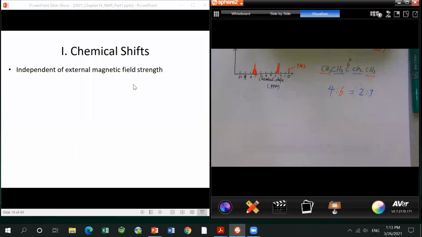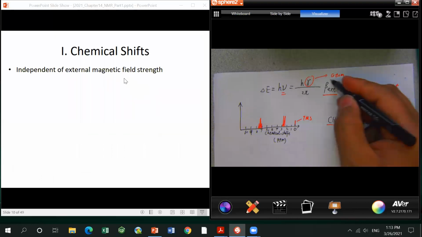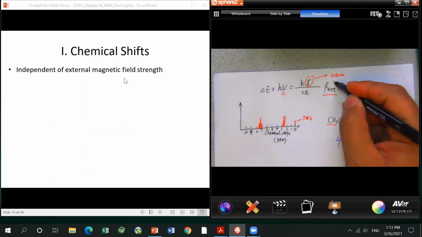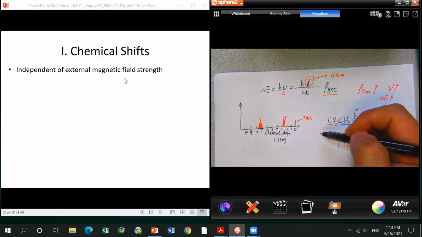Chemical shift actually depends on the external magnetic field strength. If we are in a 400 megahertz magnetic field, the frequency chemical shift will be higher.